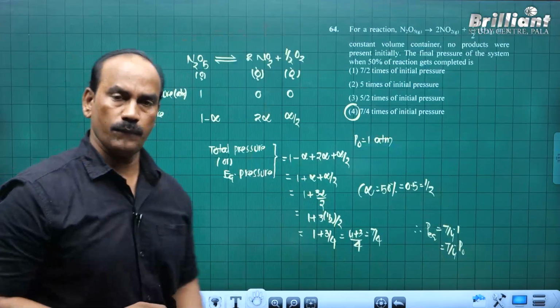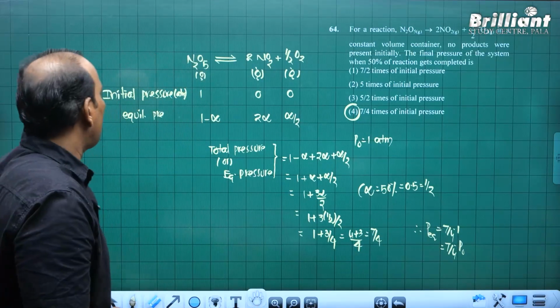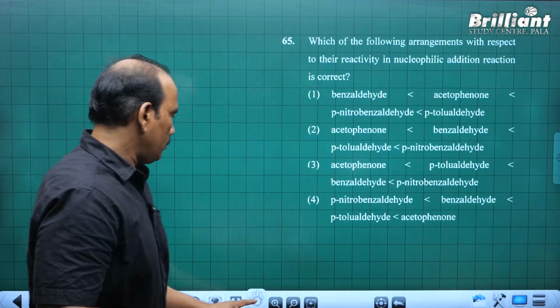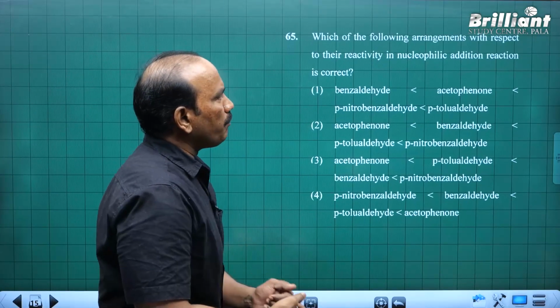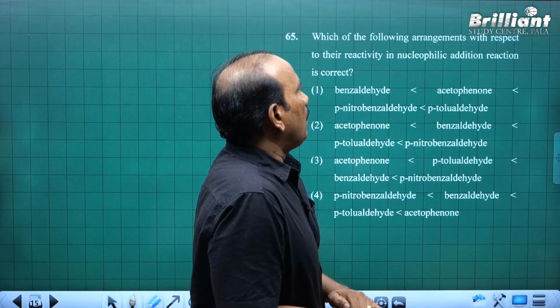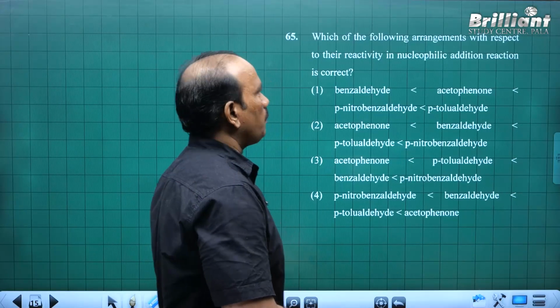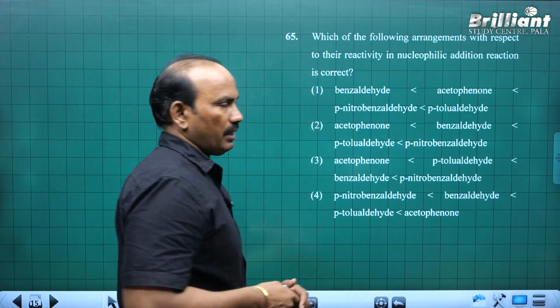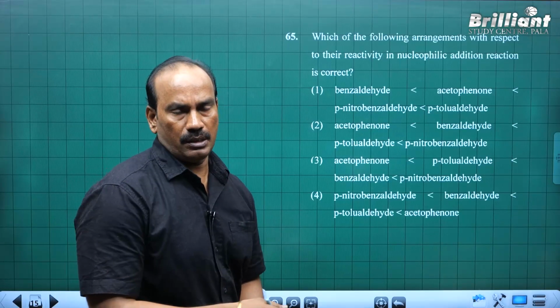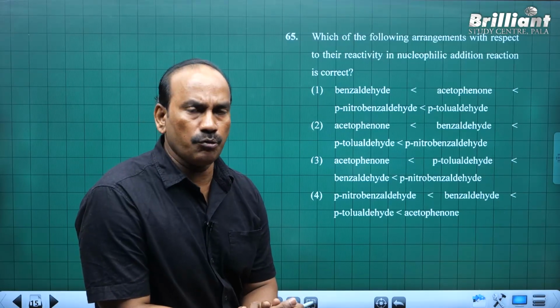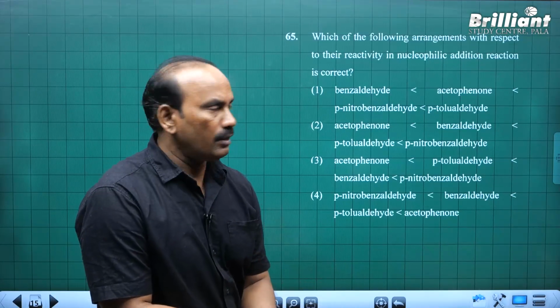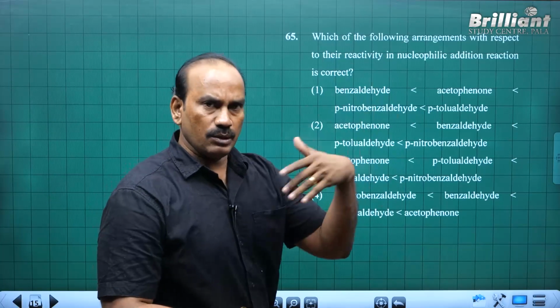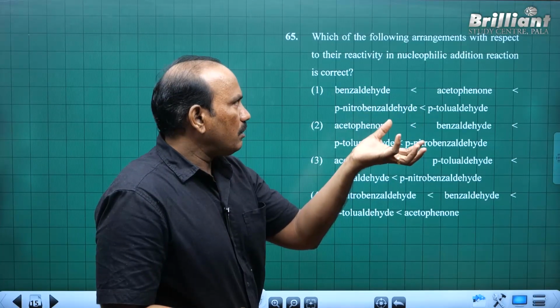Okay? Now, which of the following arrangements is correct with respect to reactivity in nucleophilic addition reactions?